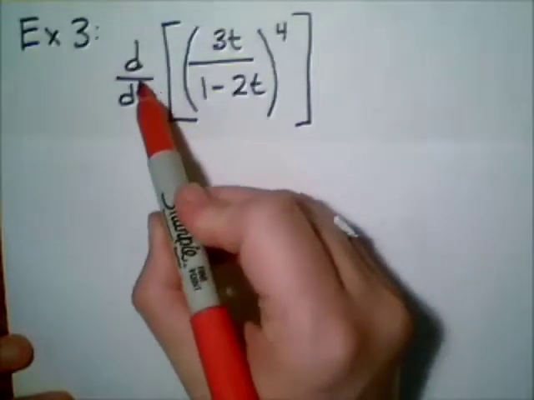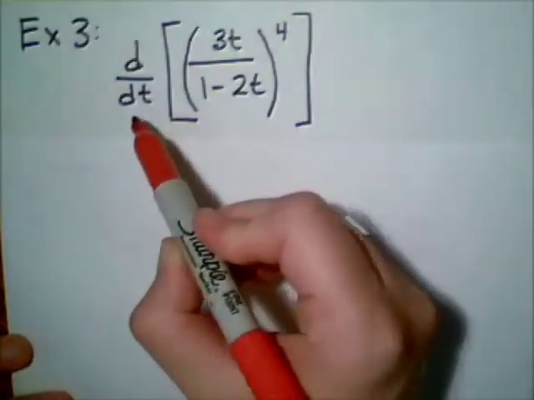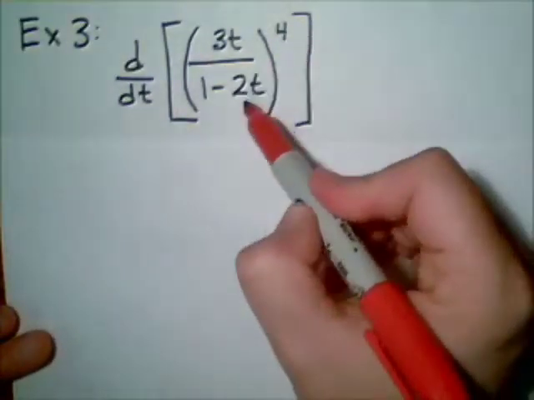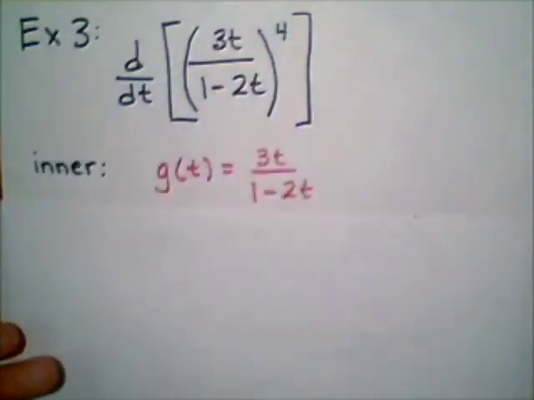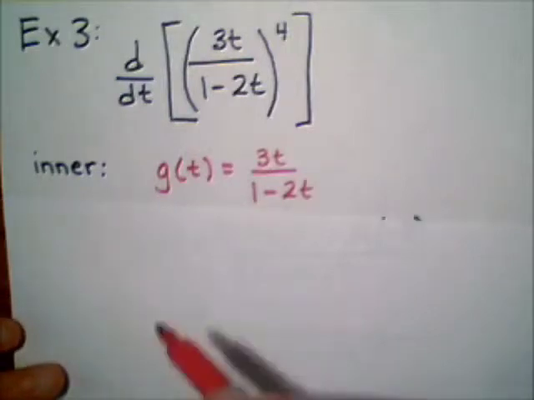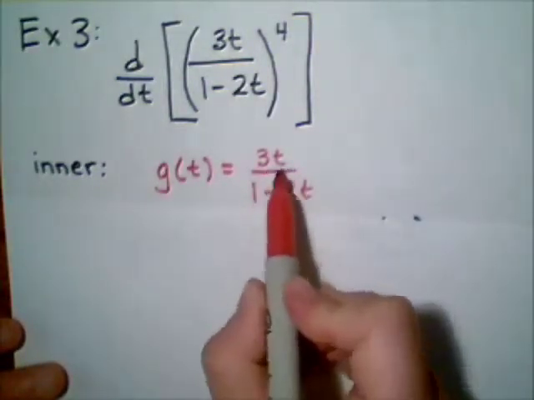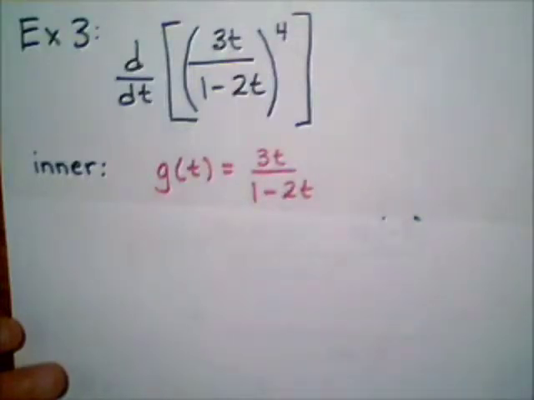So that had to be represented in this d over dt. Okay. So we have a power of a ratio. So my innermost function, I'll call it g of t this time, the ratio 3t over 1 minus 2t.